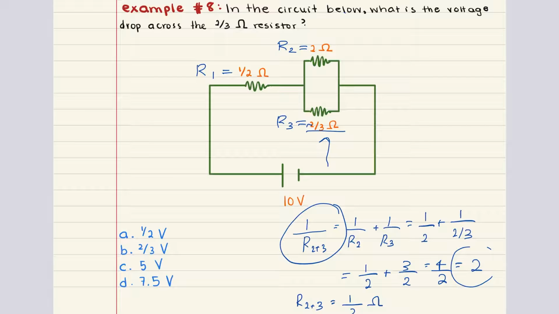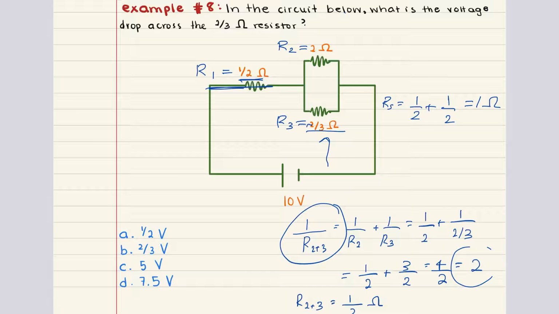Now we can move into calculating the total resistance. The total resistance in the circuit is the sum of the remaining resistor, R1, and the equivalent resistance of the other two. So that's going to be equal to 1/2 plus what we just calculated, 1/2. And this gets us a total resistance of 1 ohm.